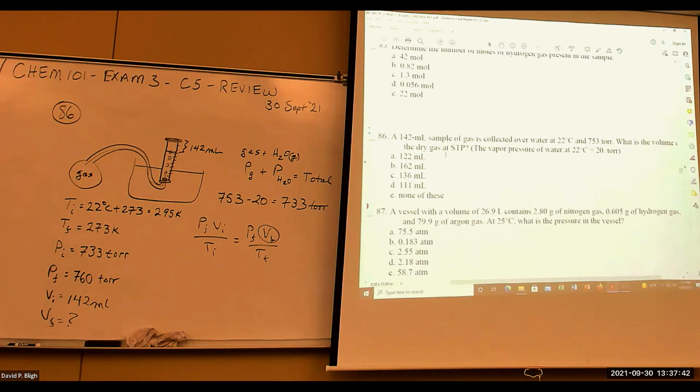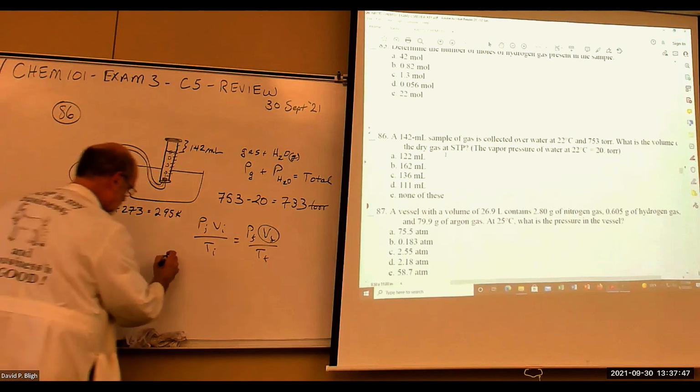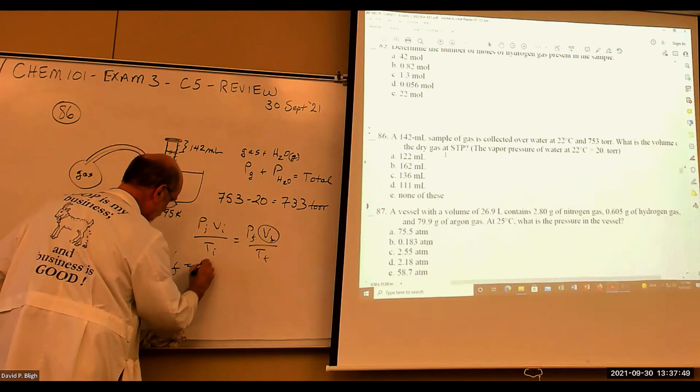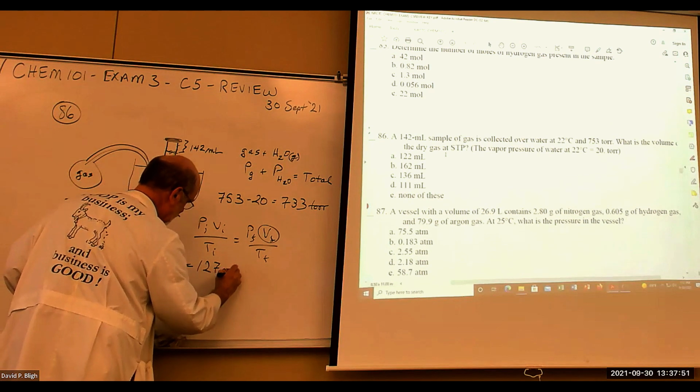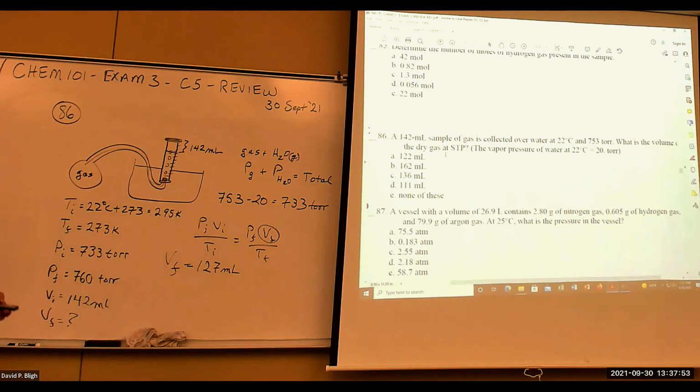So I get 127. Vf equals 127 milliliters. So is that one up there? Nope, it's none of these. I had a suspicion. That's not a C, that's really an E.